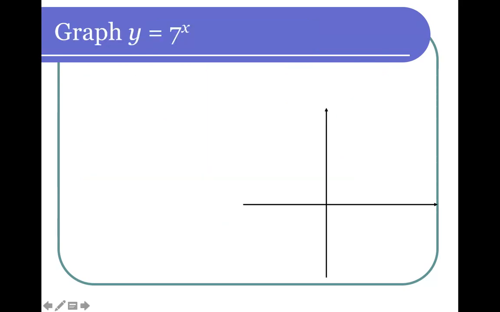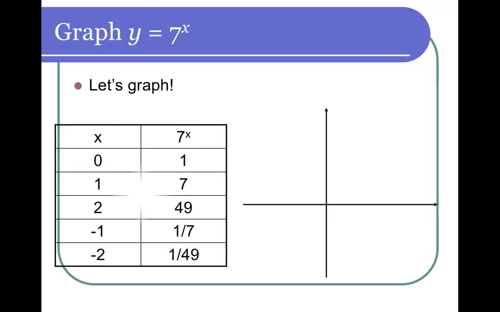So if we want to graph y equals 7 to the power of x, here are some points, right? I care mostly about these two, but we can still look at them all, right?